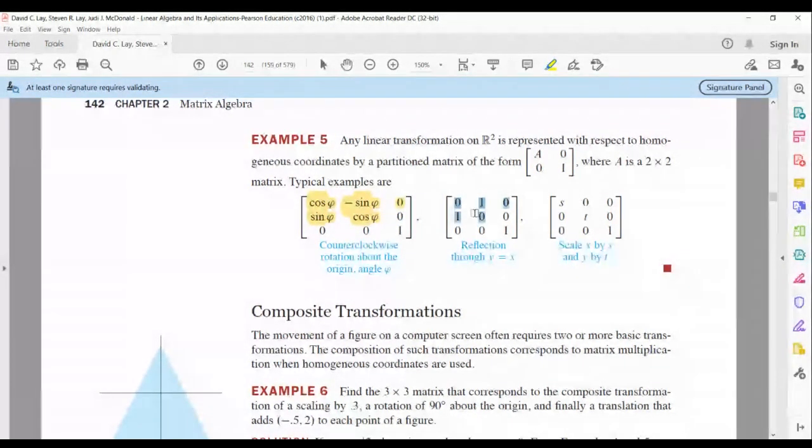The second matrix, if you just focus on the top left-hand corner, has the 0, 1, 1, 0. That'll do a reflection. The third matrix, if you want to scale x by s and scale your y coordinate by t, would be just the highlighted 2x2 matrix that you see there.